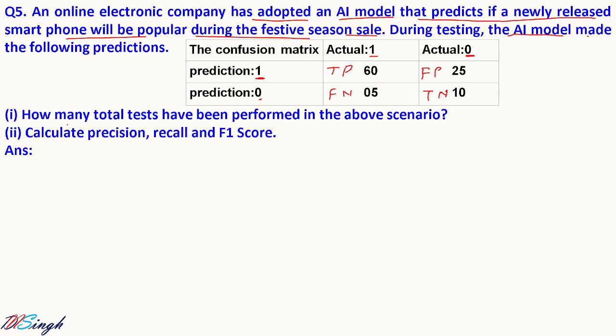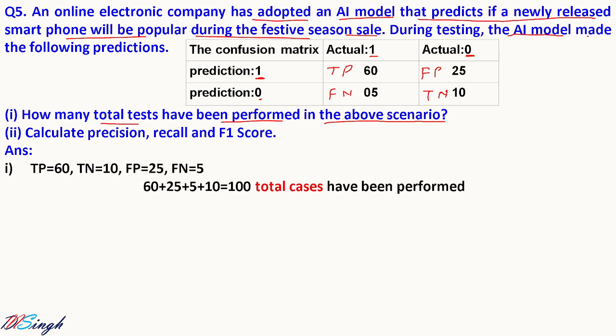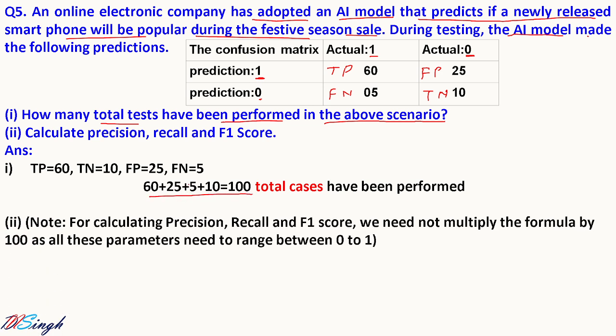Now you have a question here: how many total cases have been performed in the above scenario? If I sum all these cases, TP, TN, FP, FN, I will find the total number of cases performed. So total number of cases are 100. Then we need to calculate the precision, recall and F1 score. Note, for calculating precision, recall and F1 score, we need not multiply the formula by 100, as these parameters need to range from 0 to 1.